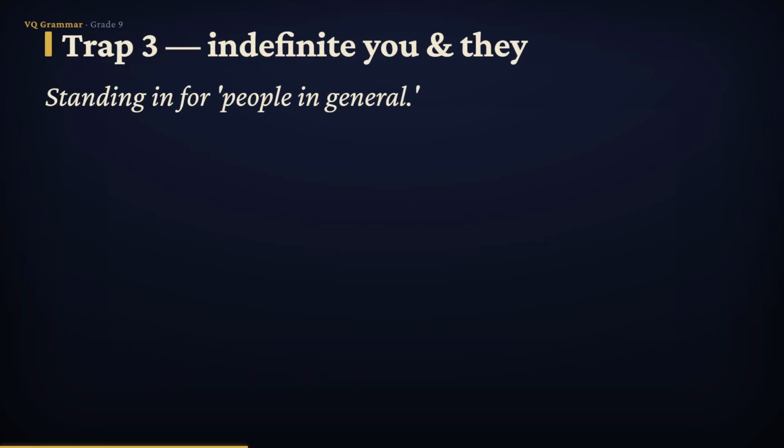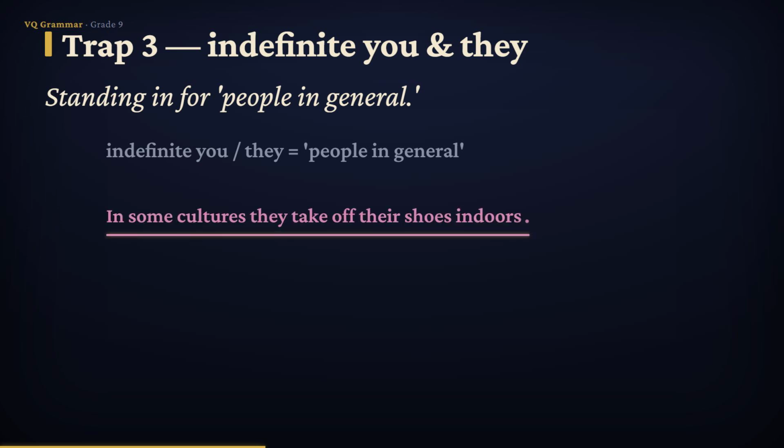The third trap is the indefinite you and they. This is when we use they or you not to name anyone in particular, but to vaguely mean people in general. Listen, in some cultures, they take off their shoes indoors. Who is they? Nobody specific. And in careful writing, that's just too loose. The fix is to name them.